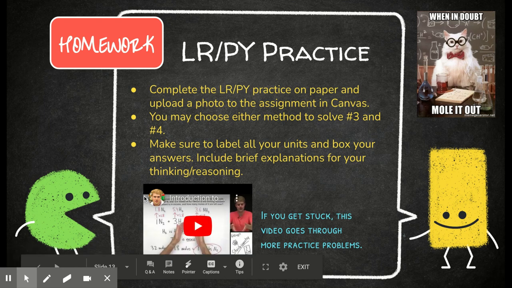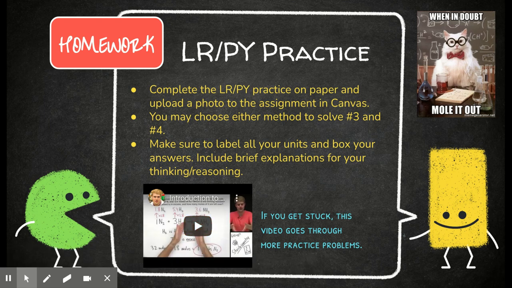And so what you're going to do for homework is look at 4 practice problems and work through the same steps that we did: determining your limiting reactant, determining your theoretical yield, determining the amount of excess reactant left over, and a percent yield calculation based on some lab data given to you.